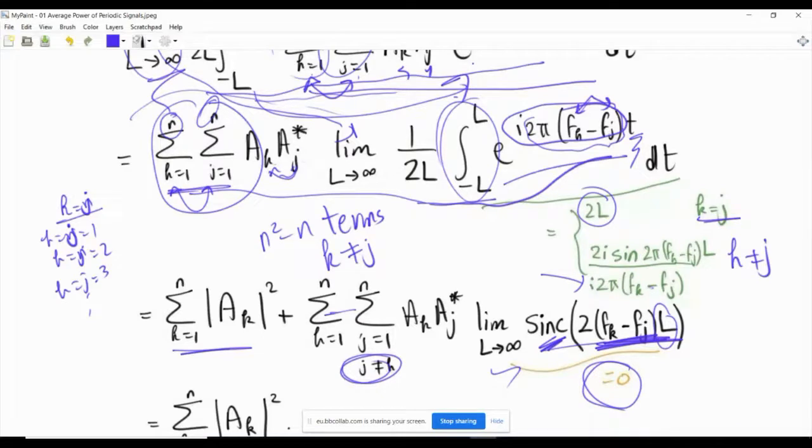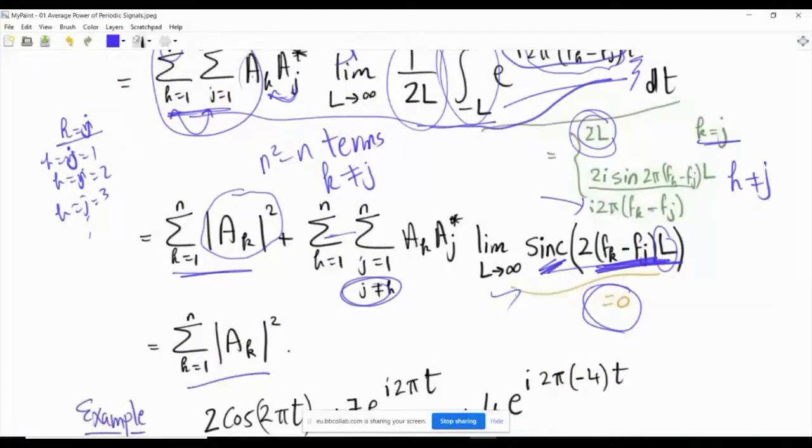When the two indices are the same, this integral will give you 2L, 2L divided by 2L, that's 1. And when the two indices are the same, a_k multiplied by a_j, now j is equal to k, so it will be a_k multiplied by a_k conjugate, and so this will give you magnitude a_k squared. And this will be the surviving term, because the limit will give you 0.